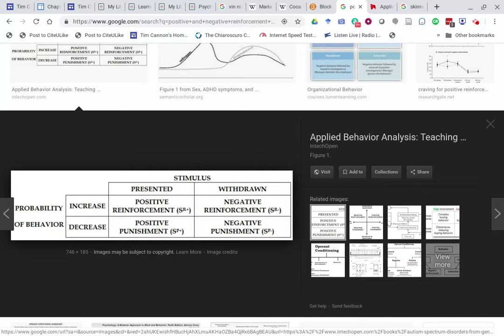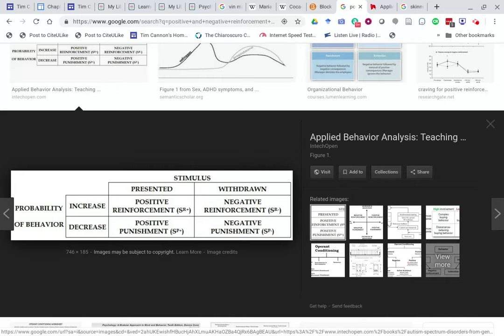Now, I know the book talked about this earlier, and we're talking about reward and addiction in this chapter. So positive reinforcement is very relevant to this chapter. And we're going to stick in this column.